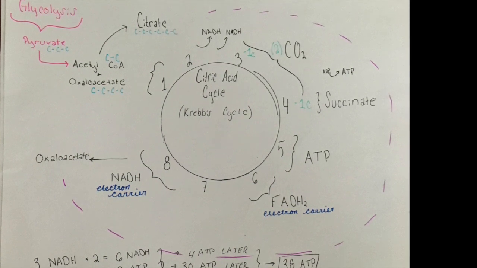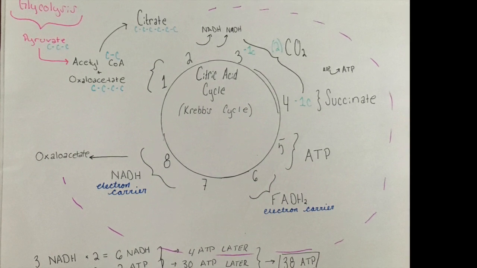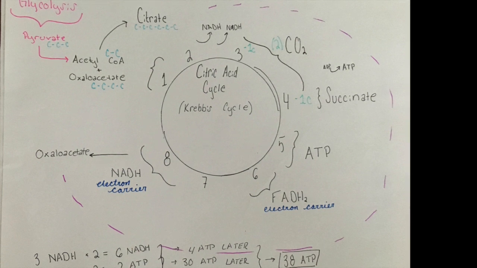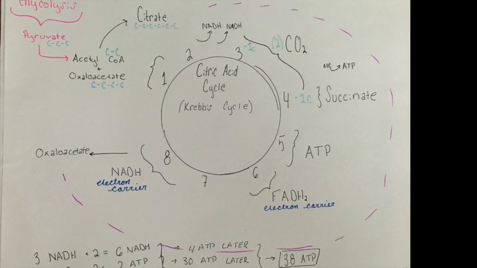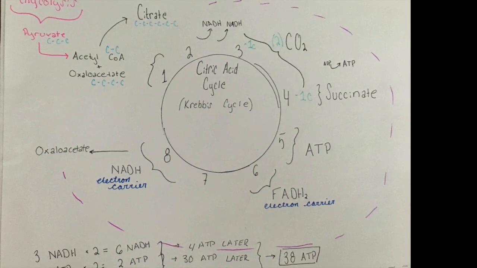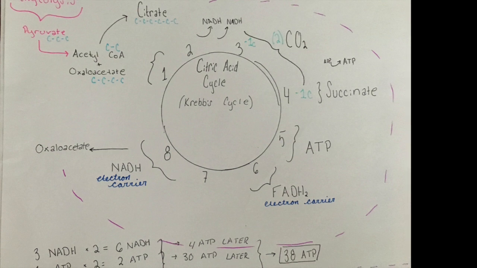The acetyl-CoA is a 2-carbon molecule that combines with oxaloacetate, which is a 4-carbon molecule, and they combine to form citrate, which is a 6-carbon molecule. That's the first and second step of the citric acid cycle.